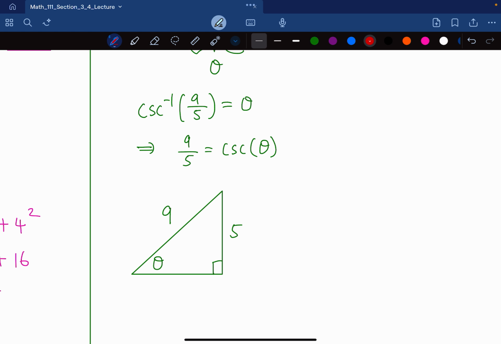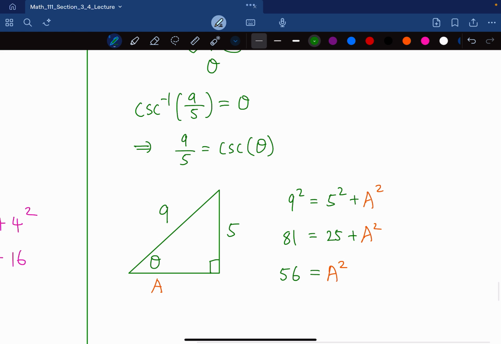So now if I have the adjacent side, right, by the Pythagorean theorem, I'll have 9 squared equals 5 squared plus a squared. 9 squared is 81, 5 squared is 25 plus a squared, minus 25 on both sides. 81 minus 25 looks like 56 equals a squared. And of course, we take the square root on both sides. a is just equal to the square root of 56.